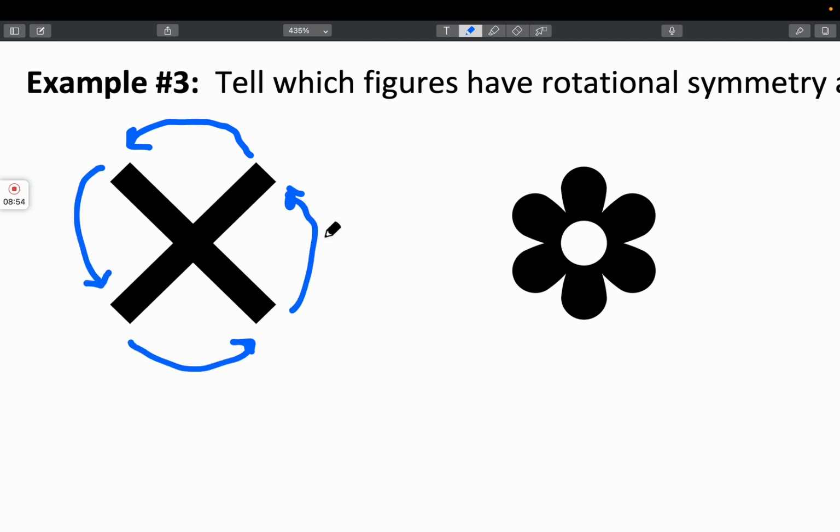So to figure out the degree of the rotational symmetry, we're going to take the full 360 degrees and divide it by the number of times it rotates on top of itself. And 360 divided by 4 is equal to 90 degrees.